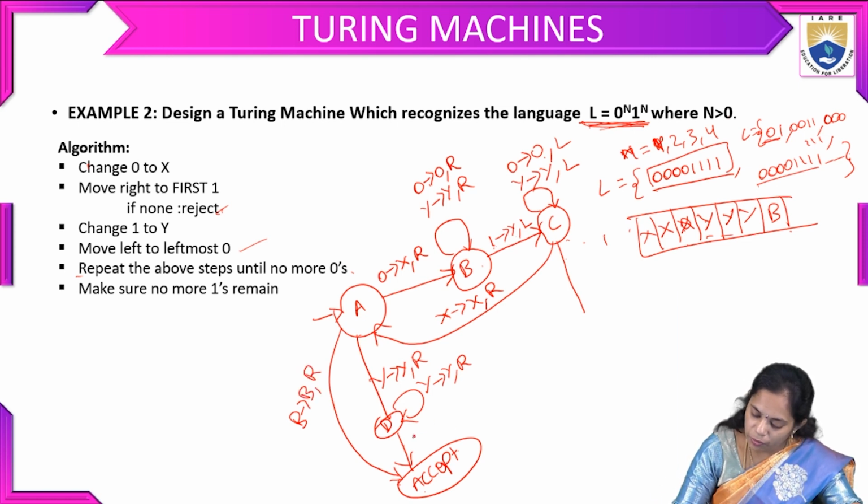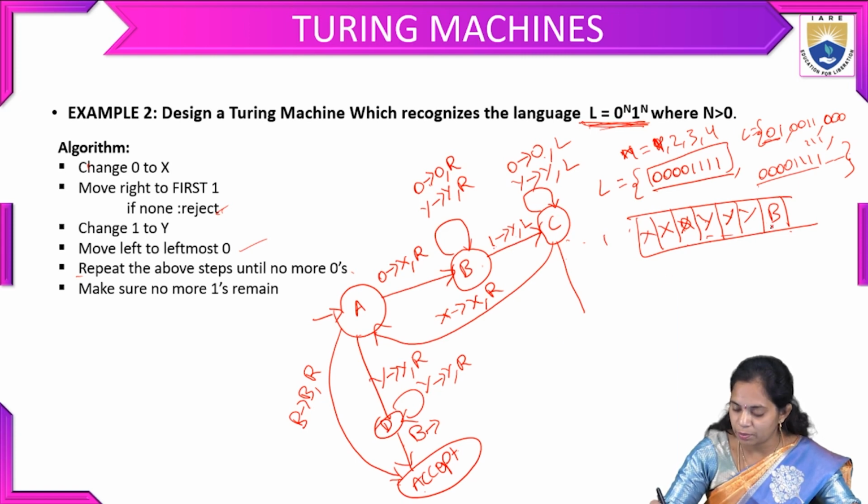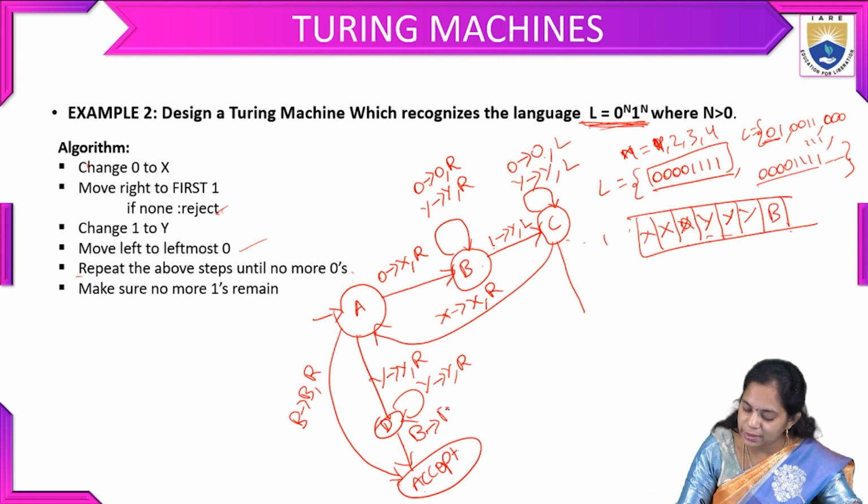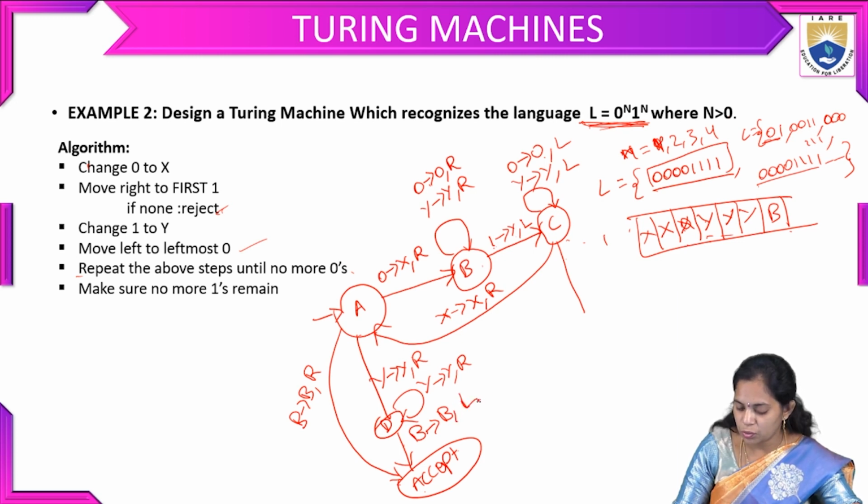After reading the entire Y, whenever we reach the blank symbol, we replace it with the blank symbol and move to the left or right direction. So here in the direction we saw the accept state.